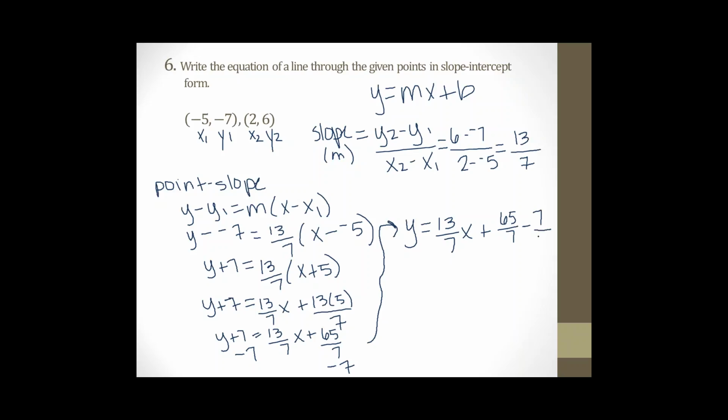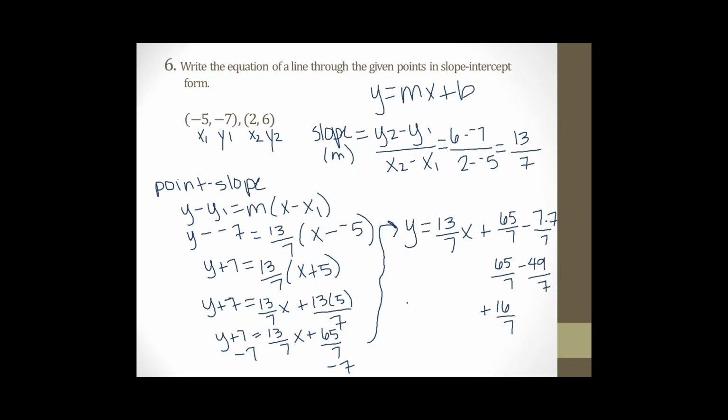If we multiply the top and bottom here by 7, that'll give us 65 over 7 minus 49 over 7. And so that's going to give us 16 over 7.